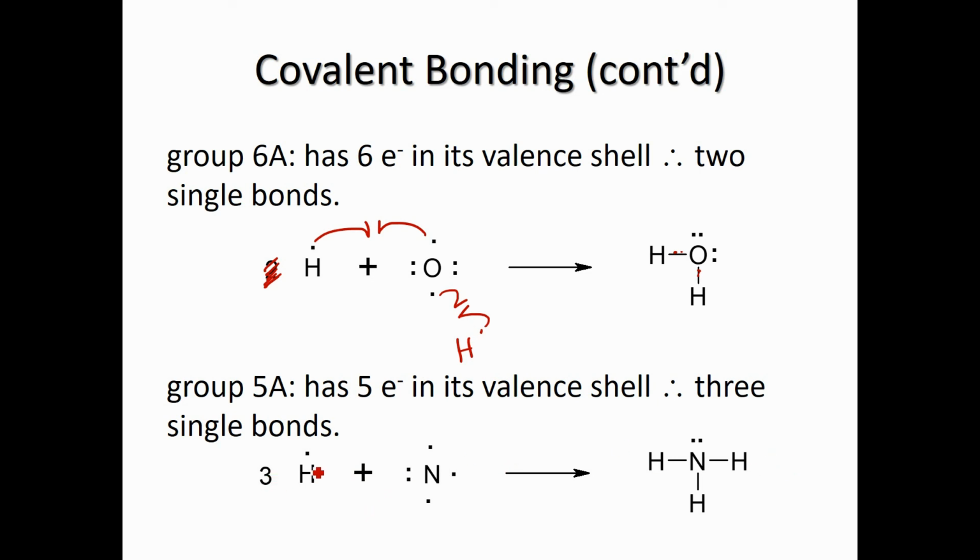For ammonia, you will need 3 hydrogens. So one hydrogen will pair up with that single electron, another hydrogen will pair up with this single electron, and another one will pair up with this single electron, and that's how you make these 3 covalent bonds. You realize that this is not used. It's not used. That's a lone pair.